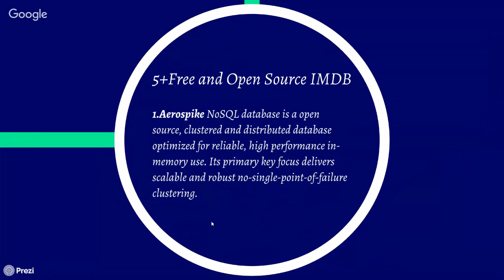Aerospike is also one of the famous applications of IMDb. It is also called a NoSQL database, an open source cluster and distributed database optimized for reliable, high performance in-memory use. Its primary key focus delivers scalable and robust, no single point of failure clustering.